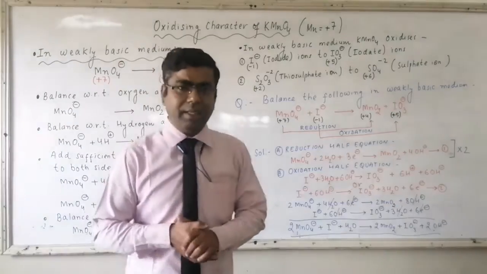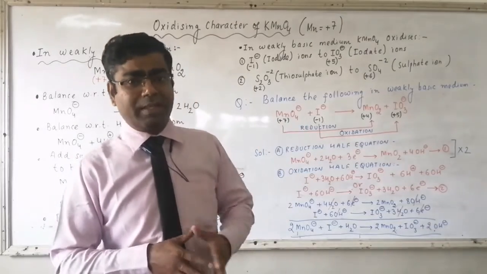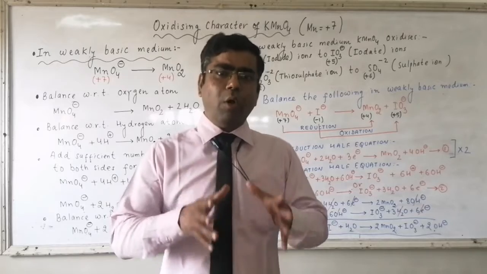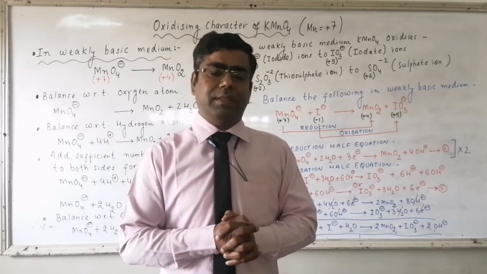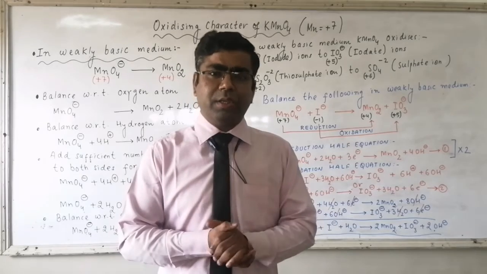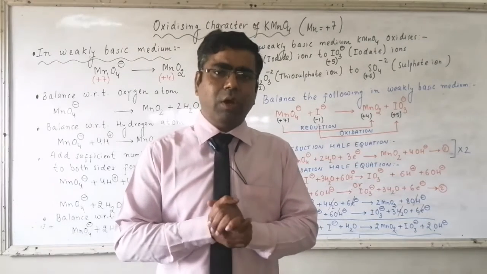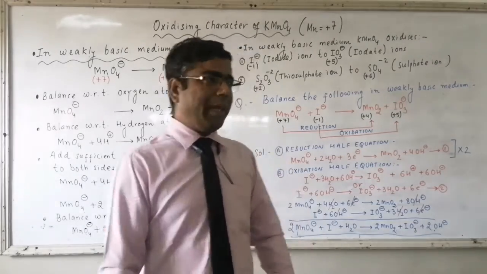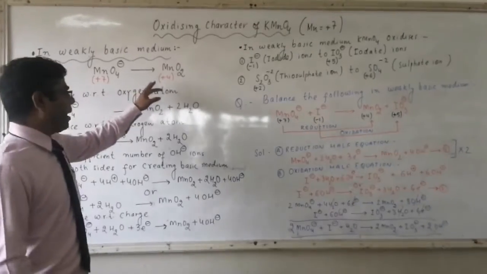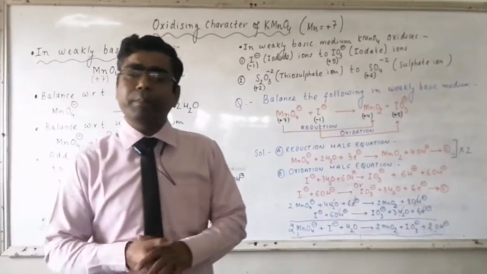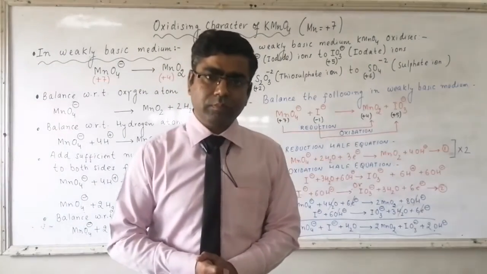So here it is a decrease in oxidation state for manganese. And if we apply the oxidation number concept, a decrease in oxidation number is called reduction. So when MnO4 minus gets converted to MnO2, it is called reduction of manganese.